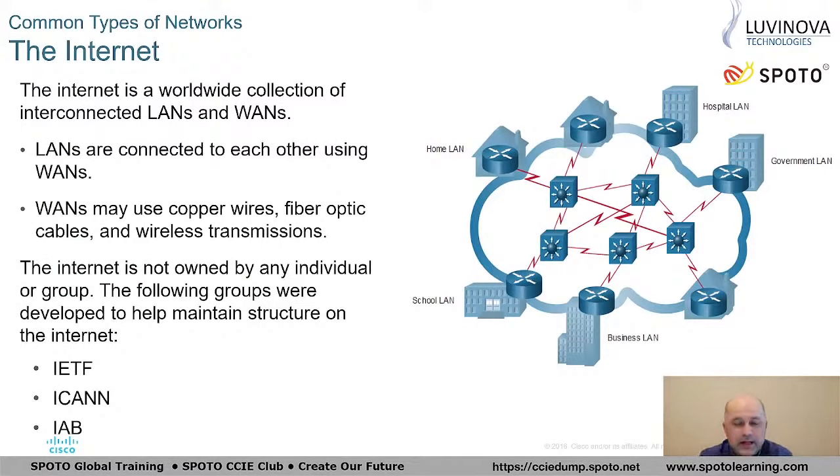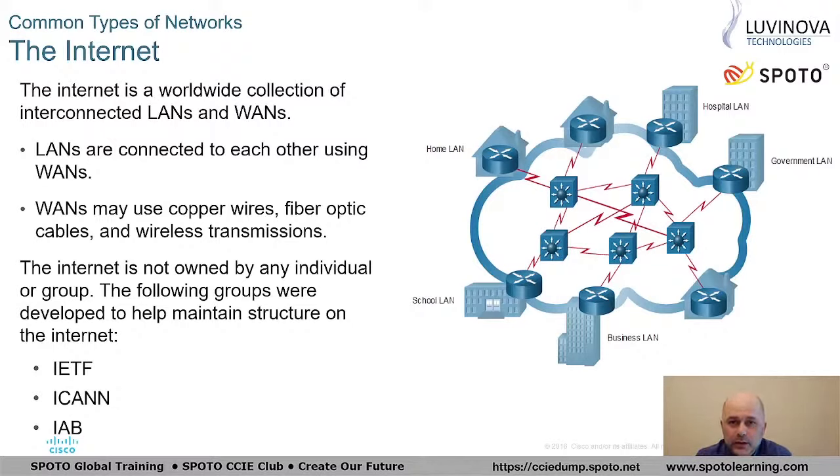So LANs are connected to each other using WANs. WANs may use copper wires, fiber optic cables, or wireless transmission. It doesn't matter which cable; it depends on the owner of the company or the person who wants to create that network. But those are the variations: wires, fiber optic cables, and wireless transmission.